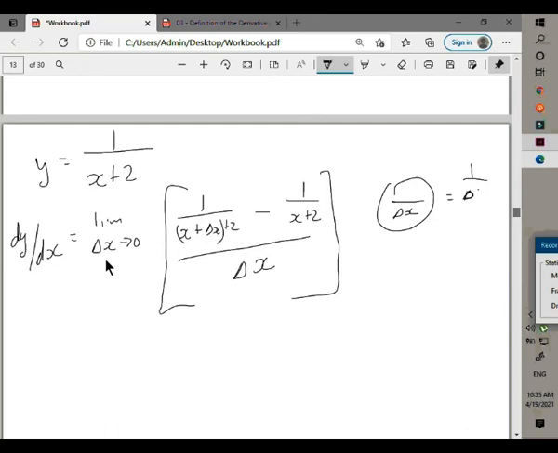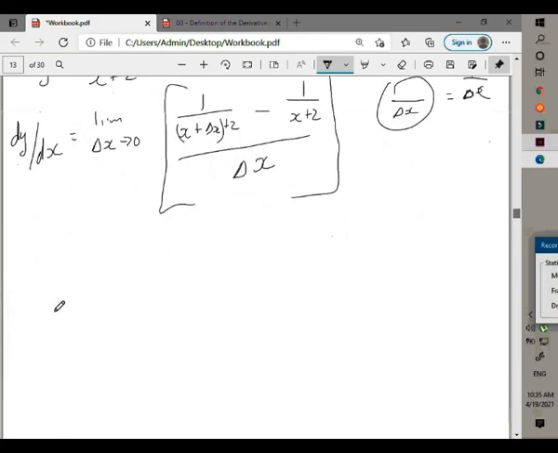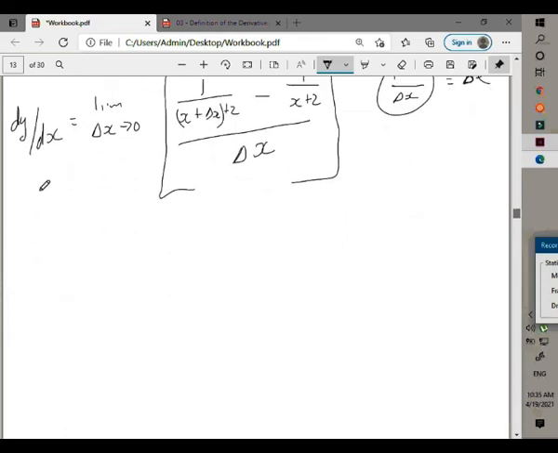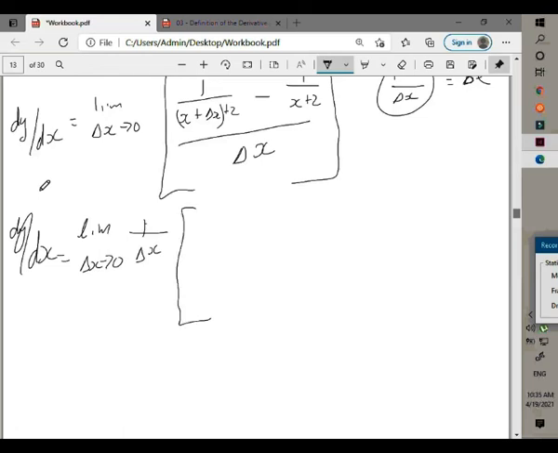And what I'll also do is I'll write it in front of everything. So, what does that actually mean? Before I move on to doing the numerators, dy upon dx is equal to the limit as delta x approaches 0. And what you do, 1 over delta x. Do that and save yourself the headache of having to always remember that this is still at the bottom when you're actually solving.